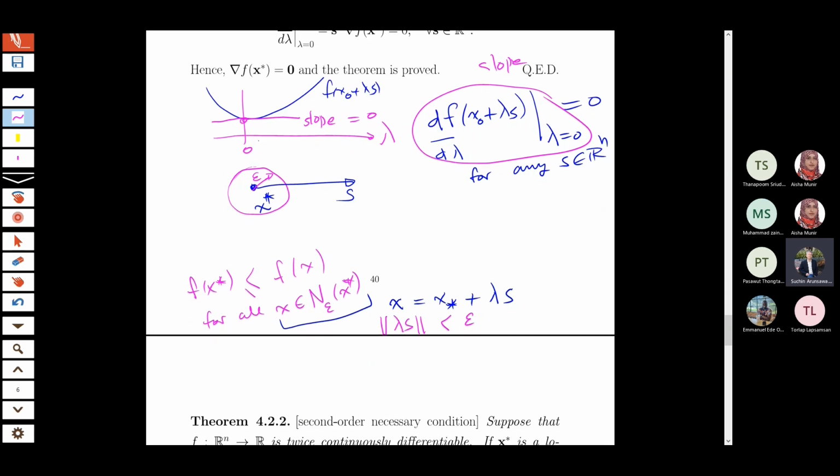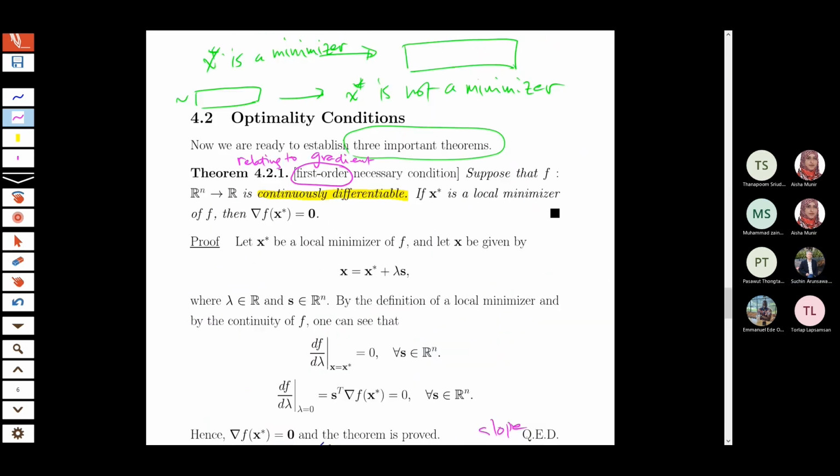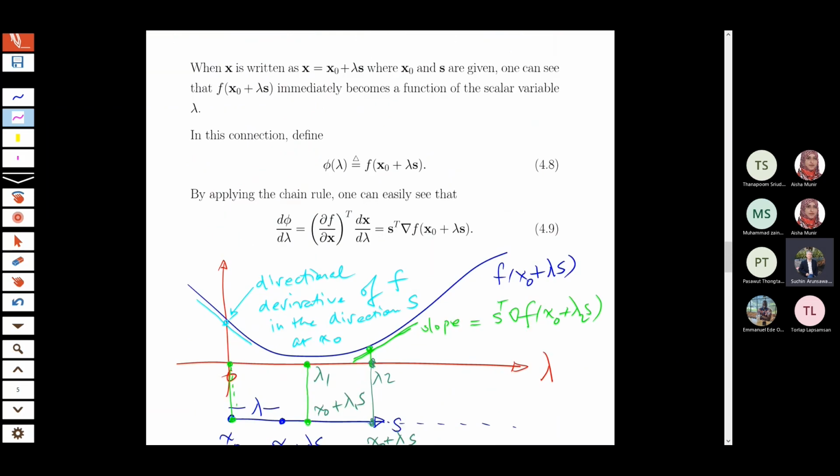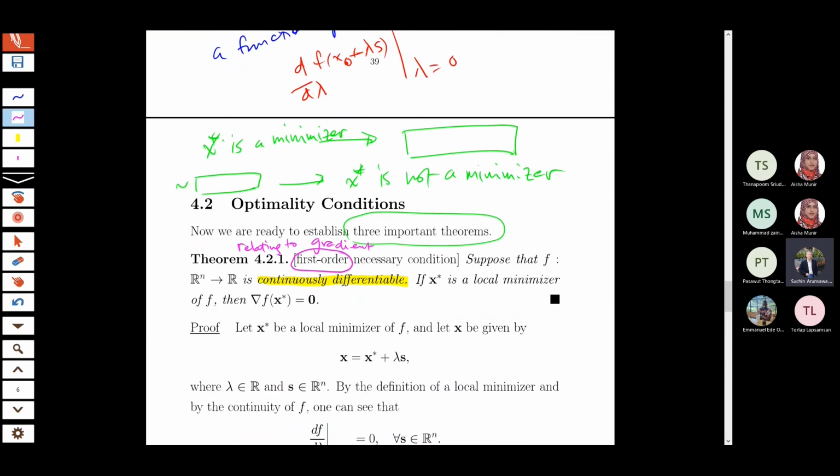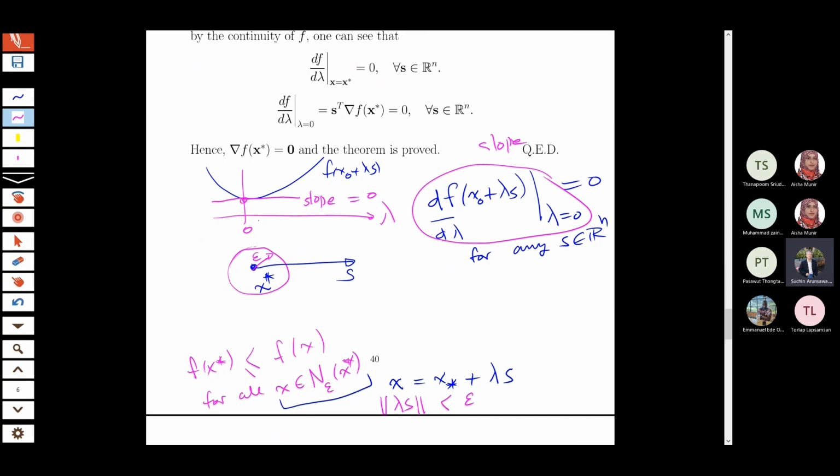Okay. Then just from this section, we see that actually this slope is the directional derivative. This slope is in fact the directional derivative of f in direction s at x naught.